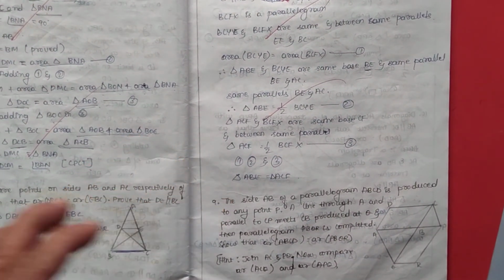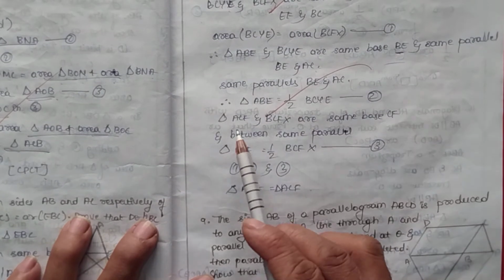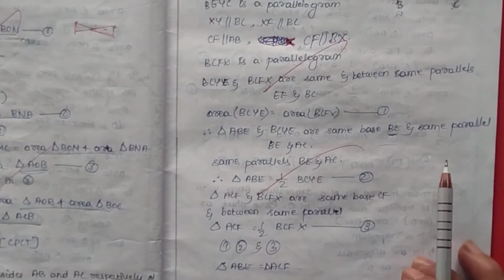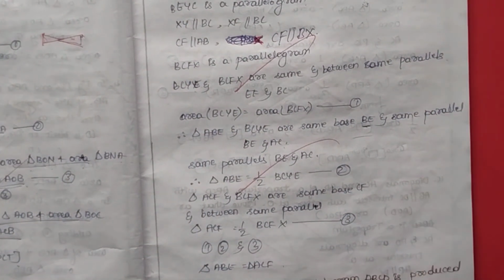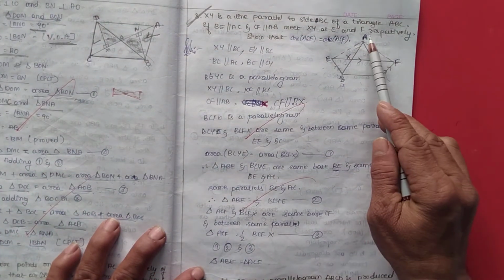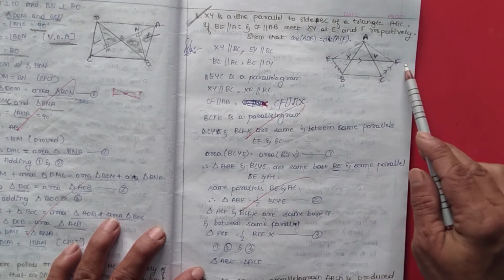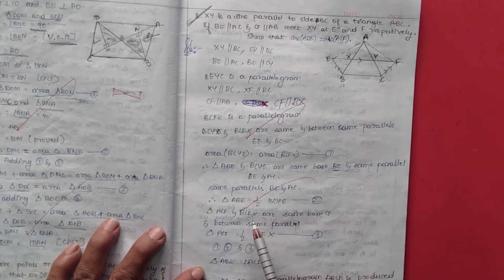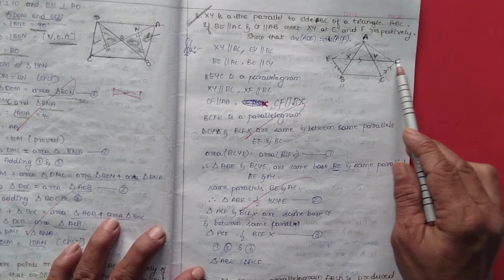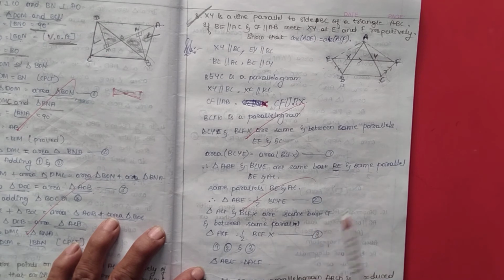After that, we take triangle ACF. Triangle ACF and the parallelogram BCFX are on the same base, that is CF.